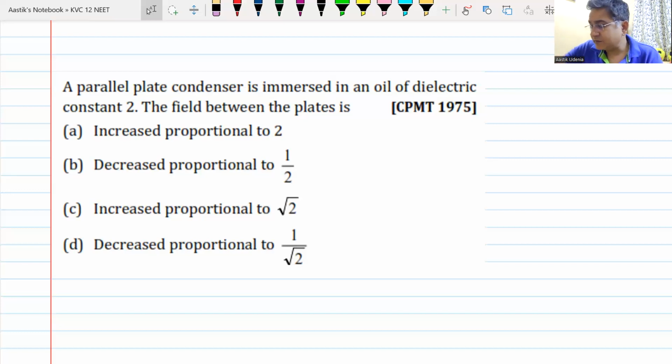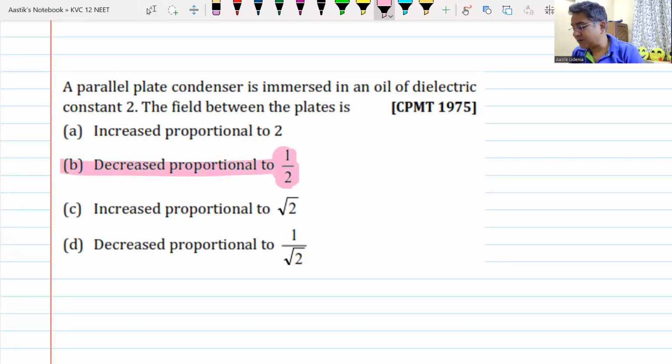What is the answer? Okay. The correct answer is option B. Why is it option B?